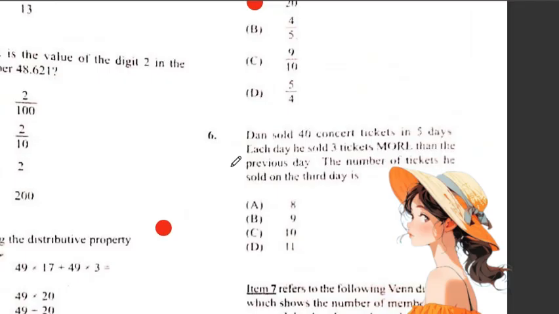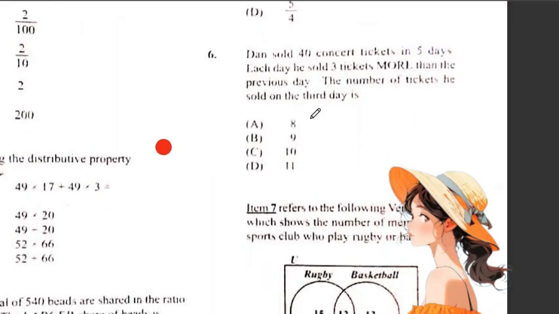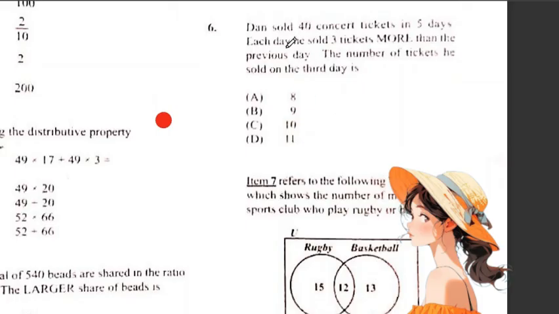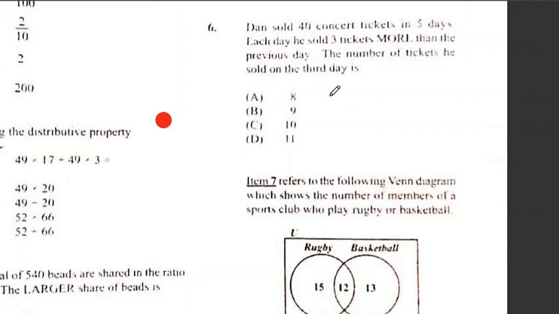The number of tickets he sold on the third day is... So if we were to do some calculations, if he sold 3 tickets on 3 days, it'll be 3 plus the 6. Each day he sold 3 tickets more than the last. This one is quite debated. The answer for this would be 8.